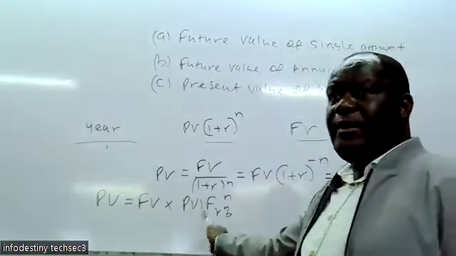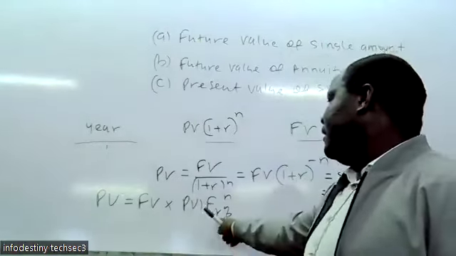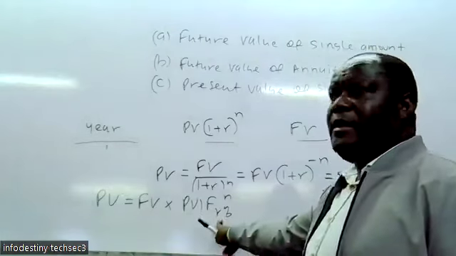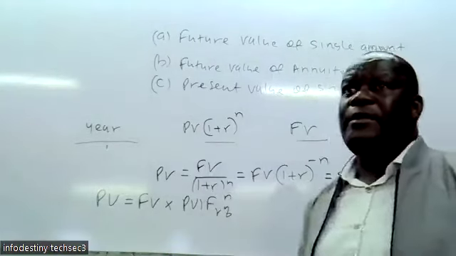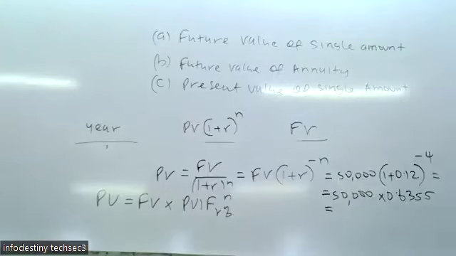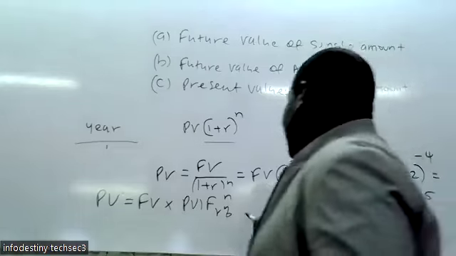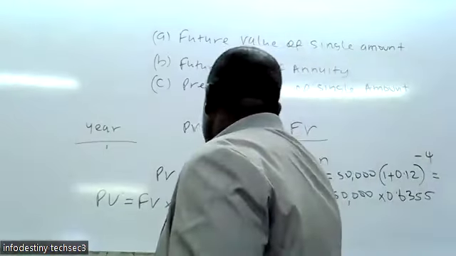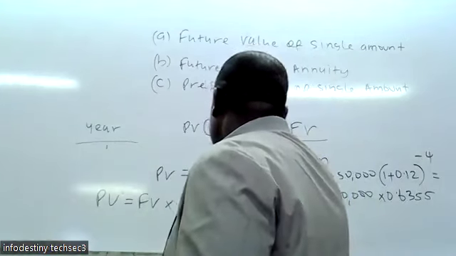This is present value interest factor. So R is now the interest rate. N is the period. So you simply take the future value multiplied by the present value interest factor at R% in period N. So our future value, we have seen it is 50,000.